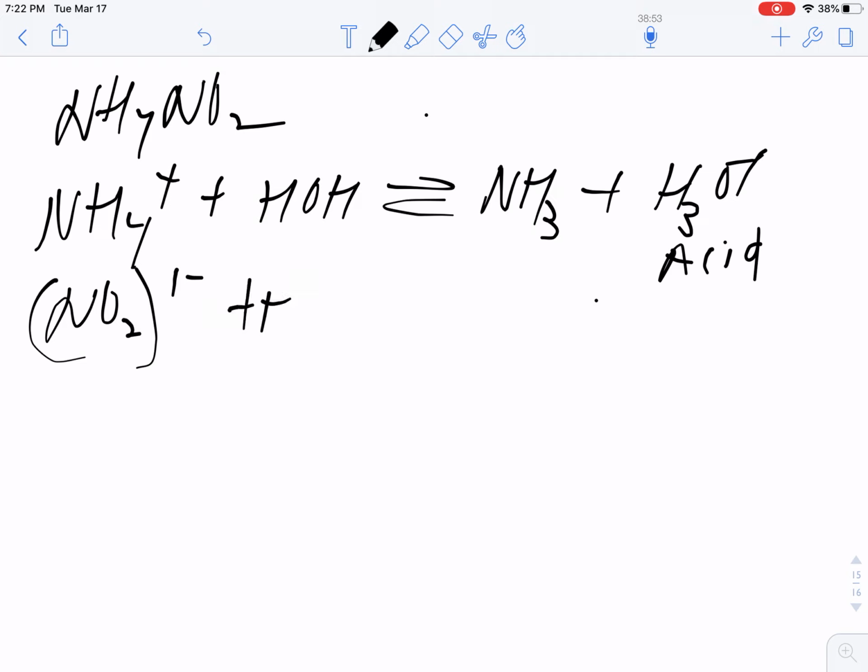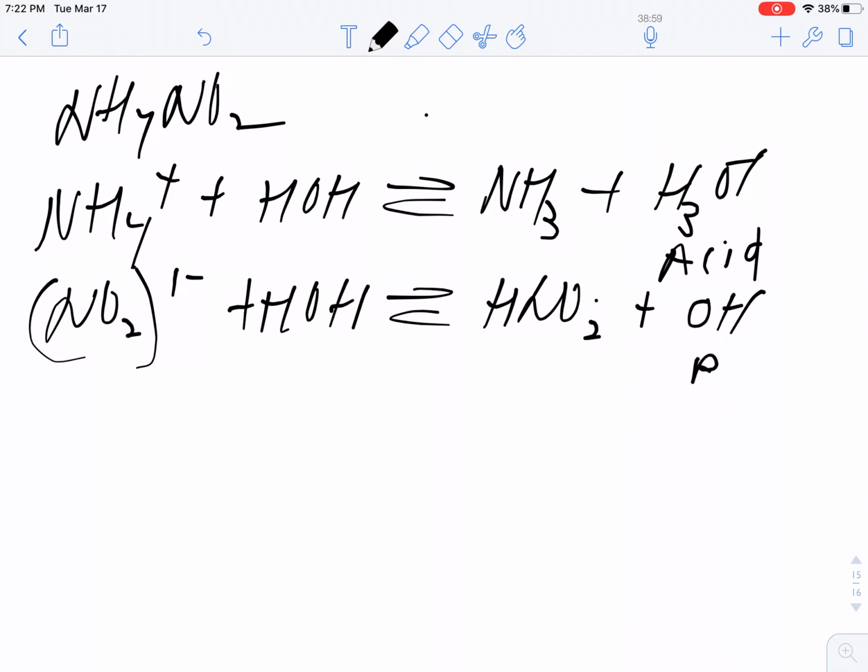This one would react with water and give you this, which is a base. So the question is, who's stronger? Well, you can't tell because this is a weak acid, this is a weak base. So you cannot tell just by looking at the problem whether it'll be acidic or basic. What you need to do is compare the Ka and the Kb of each and see which is bigger.